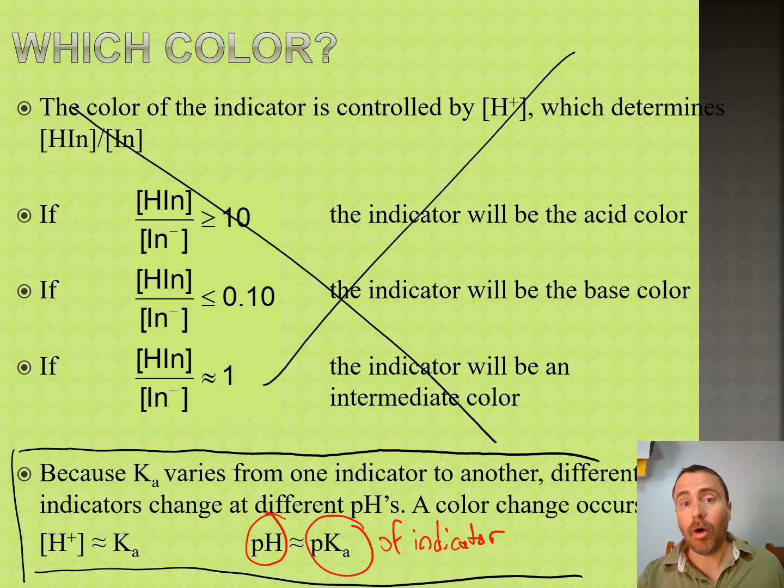That can be helpful to us when we're picking indicators later on. If you want your indicator to change colors at a pH of 4, you need to find something whose pKa is right around 4 as well. You're not going to pick one that has a pKa around, say, 9.5. That'd be a terrible choice. So that's going to help us pick our indicators later on.